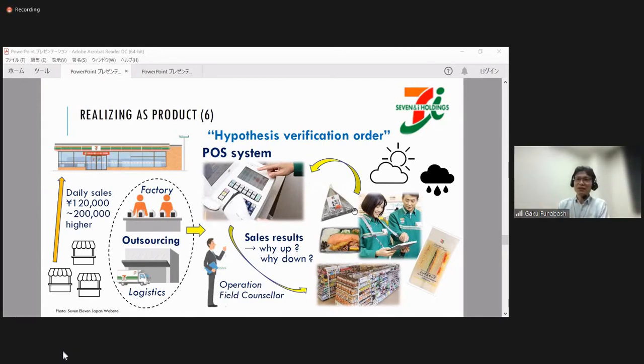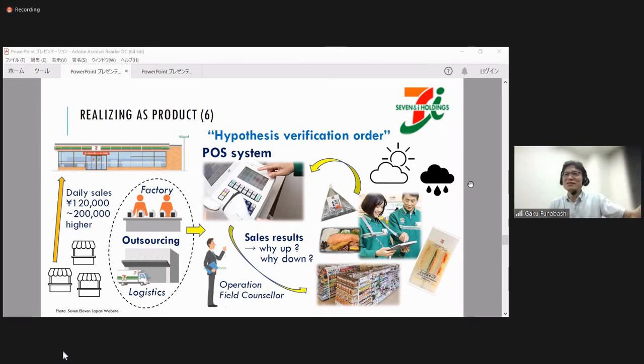A Japanese company became the franchisee of the US company. Then later, because Japanese 7-Eleven was really good and made a good business, it became bigger than the original 7-Eleven in the US. So they acquired the US company.